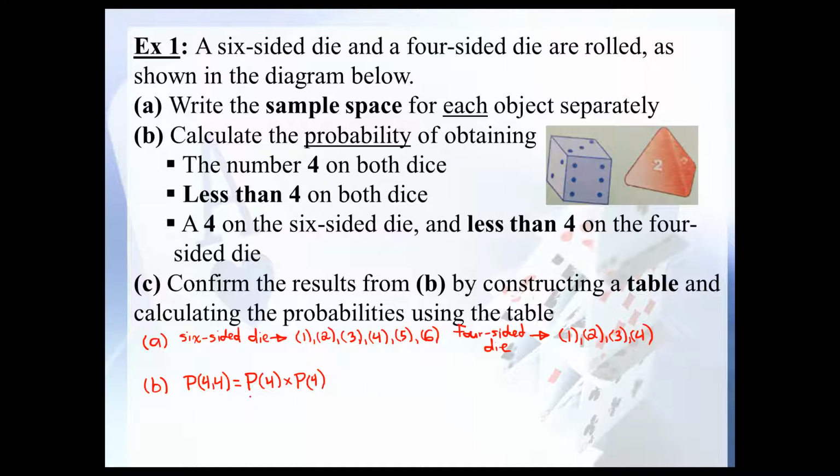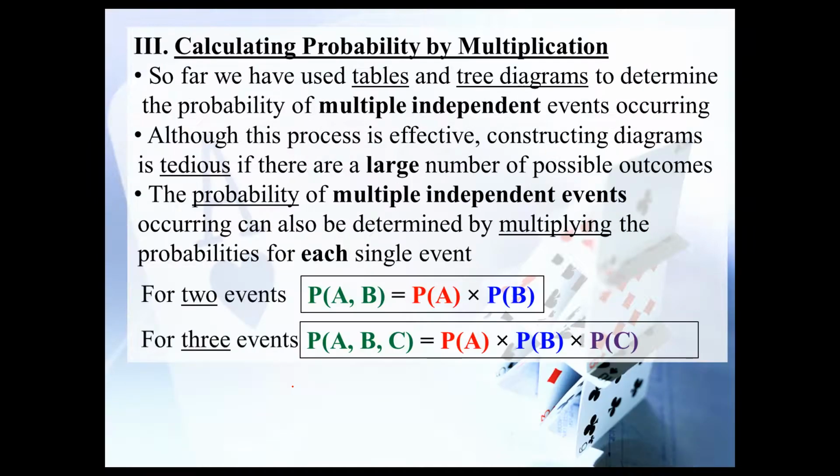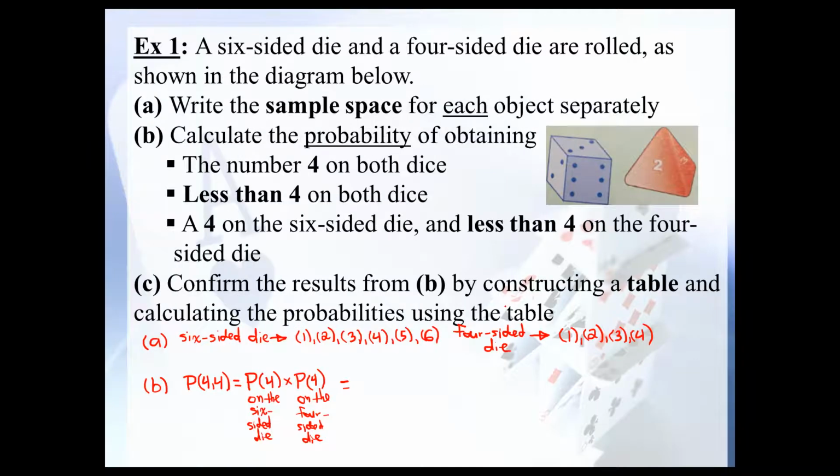So again, just to distinguish this here, this would be on the 6-sided die, and this would be on the four-sided die. That's what my equation tells me. The probability of event A and B occurring can be calculated by taking the probability of event A multiplied by the probability of event B. So that's what I'm doing here.